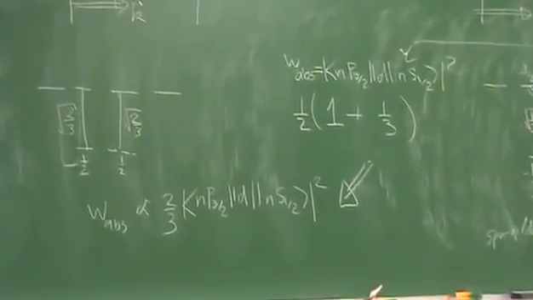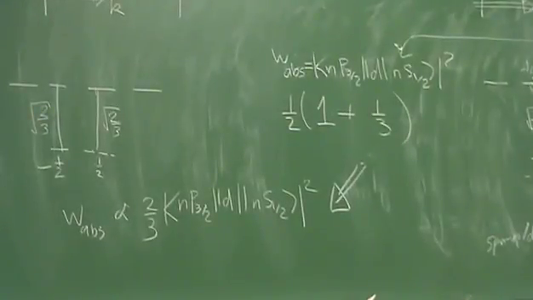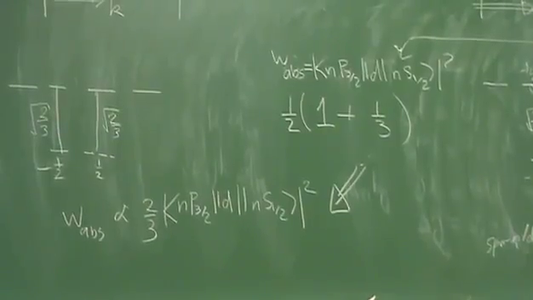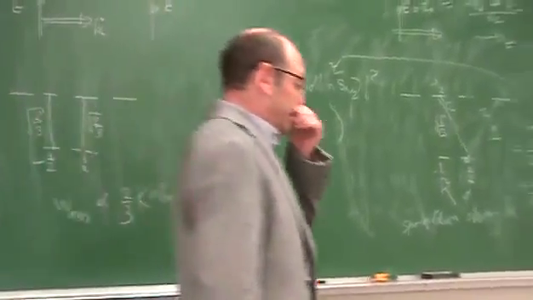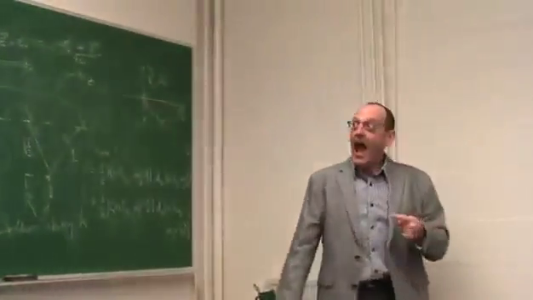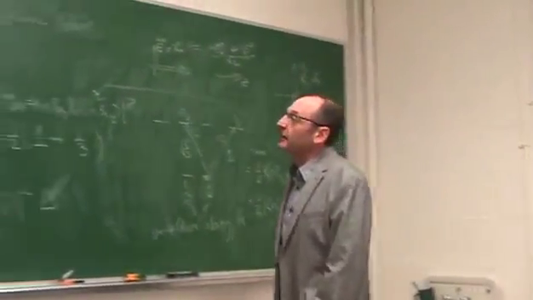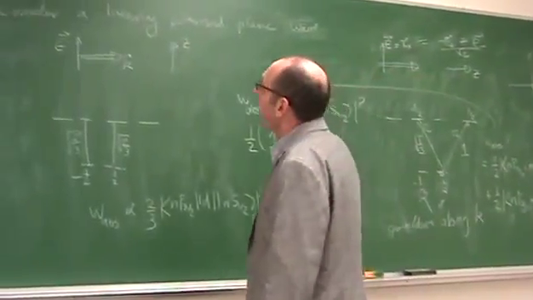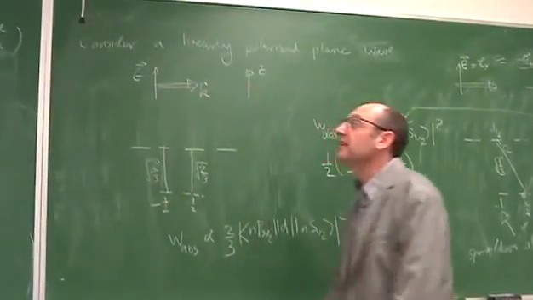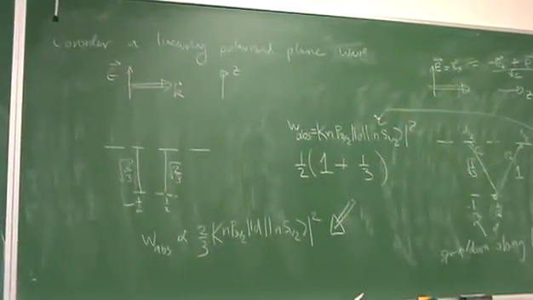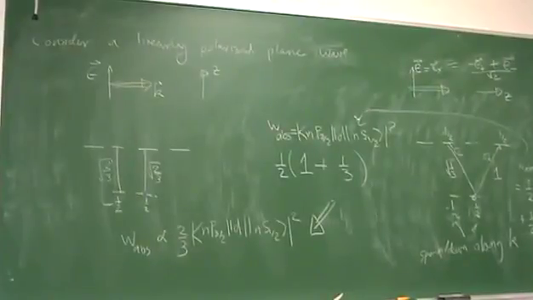So, morals of the story here. The physics doesn't depend on what I call the z-axis. But I have to be careful about what I do choose the z-axis to be. If my axis with which I am referring to my magnetic sublevels is parallel to a linear polarization, or has a component which is parallel to the linear polarization, then the system is said to have a pi polarization component.